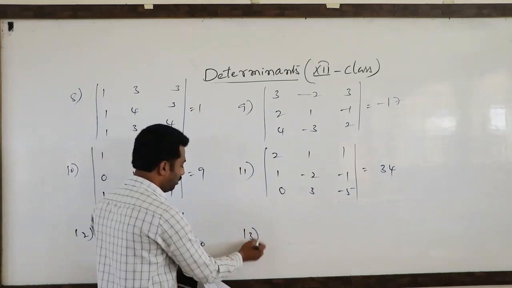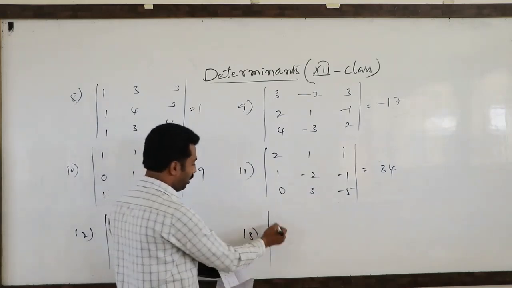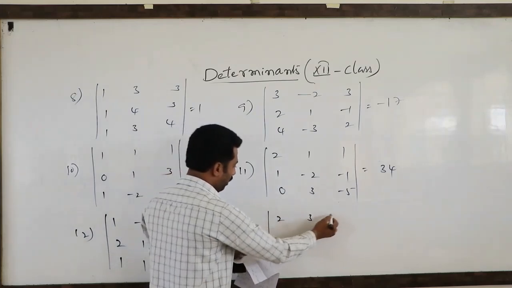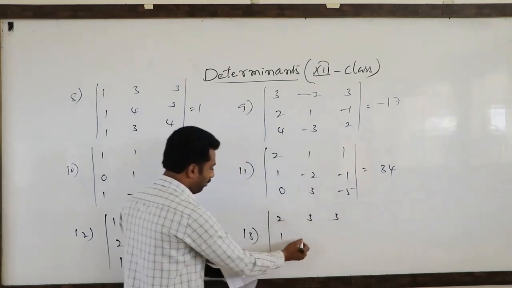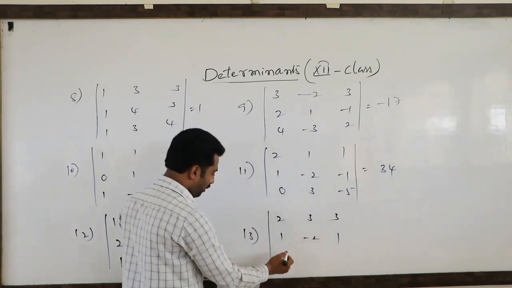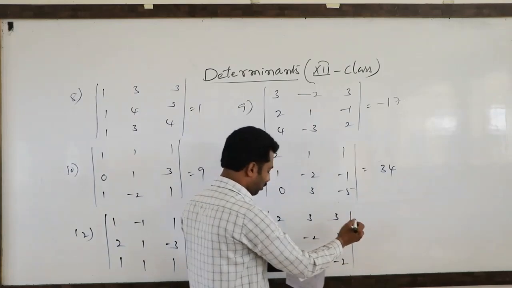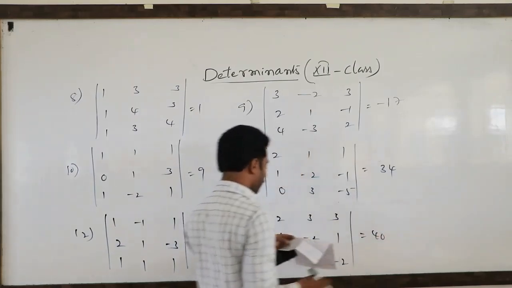Question number 13, determinant of 2 3 3, 1 minus 2 1, 3 minus 1 minus 2. So this answer is 40.